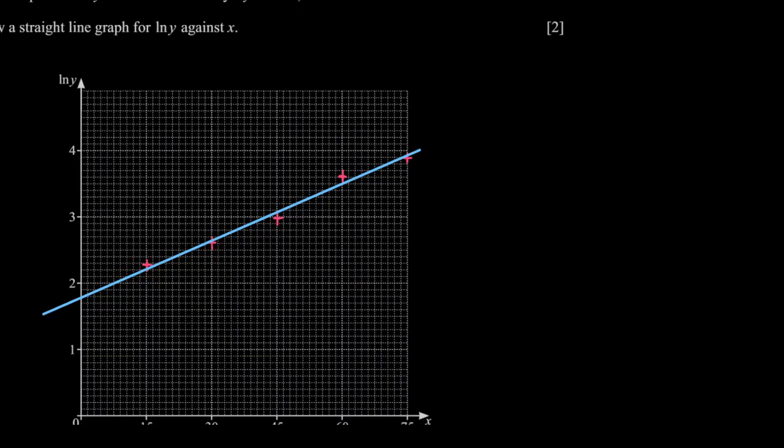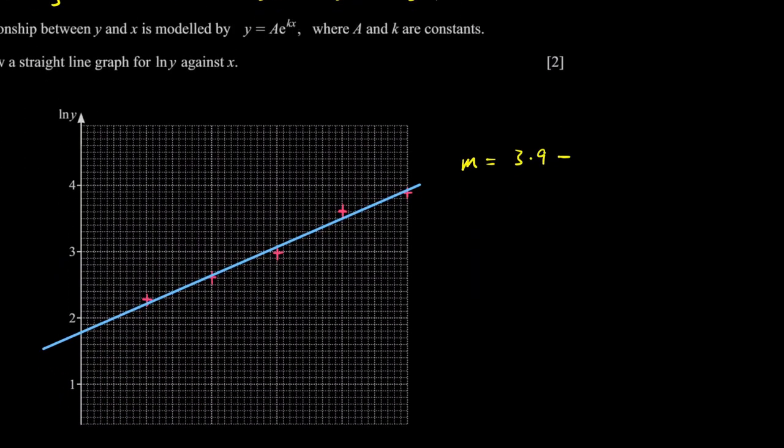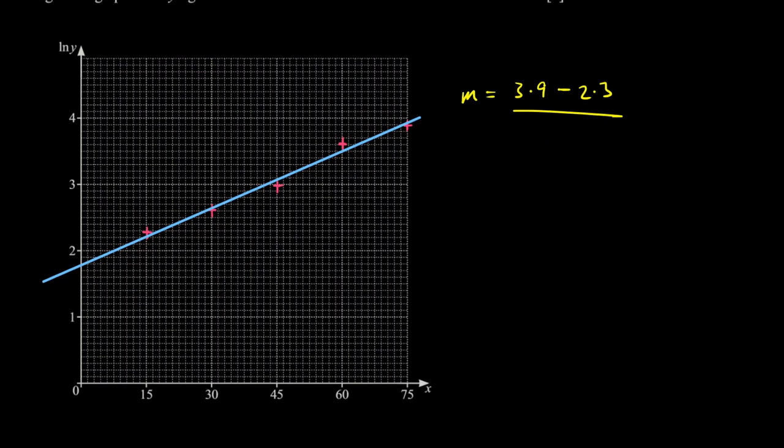So the gradient m is equal to y2 minus y1, so I think it was 3.9 minus 2.3, over x2 minus x1, so 75 minus 15. 3.9 minus 2.3 is 1.6, and 75 minus 15 is 60. So 1.6 divided by 60 is 2 upon 75, 0.0266 recurring.